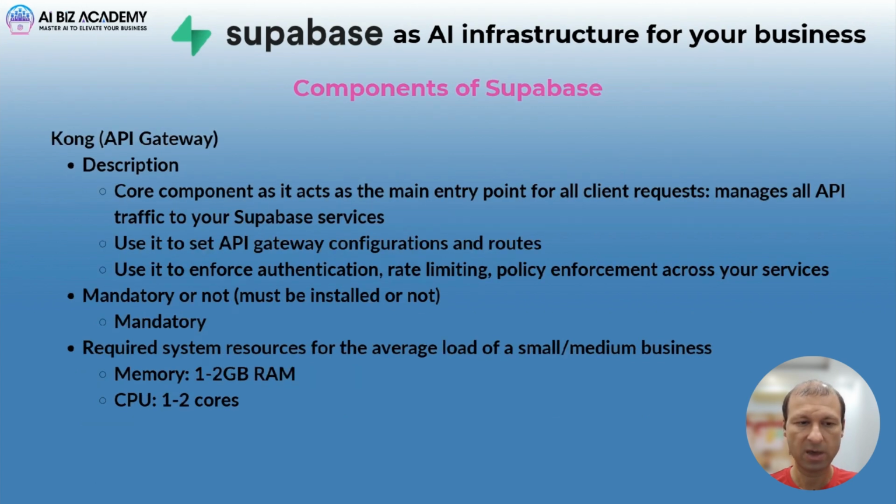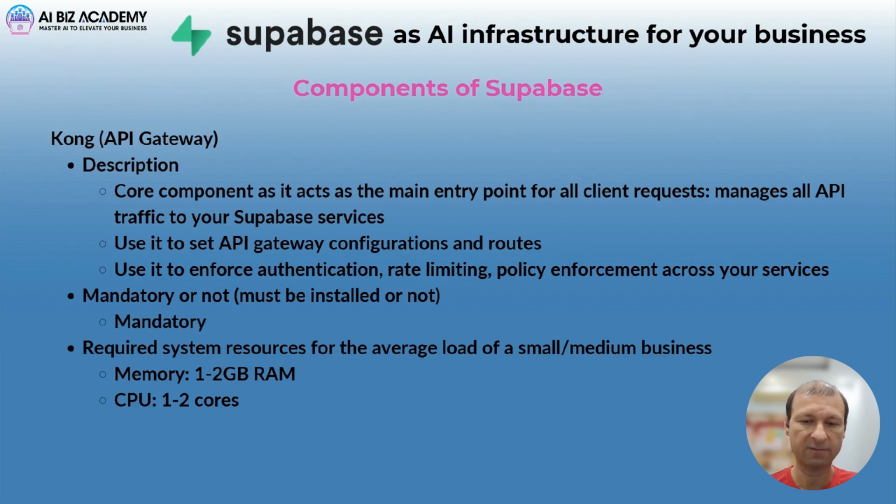Kong is the API gateway. This is the main entry point for all client requests. So it acts like a gatekeeper for all the API traffic coming to all your Supabase services. You can set it up to configure API gateways and routes, and you can use it to enforce authentication.